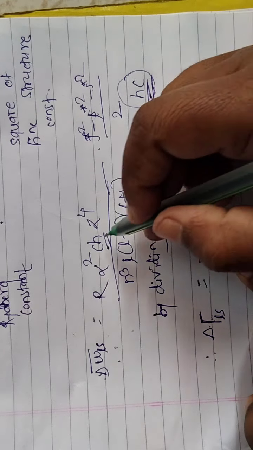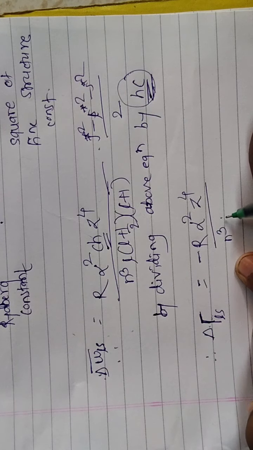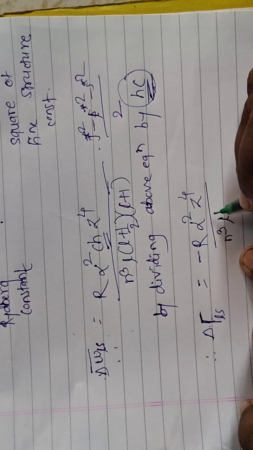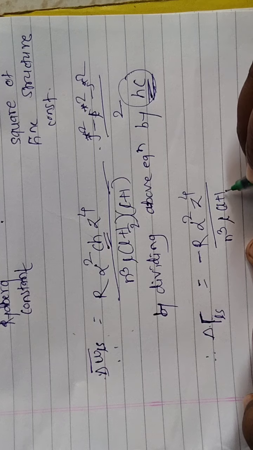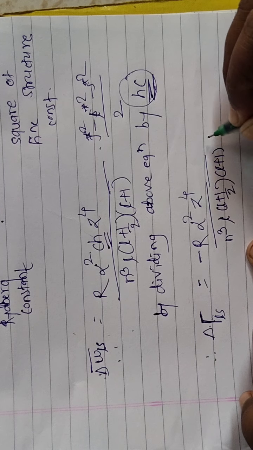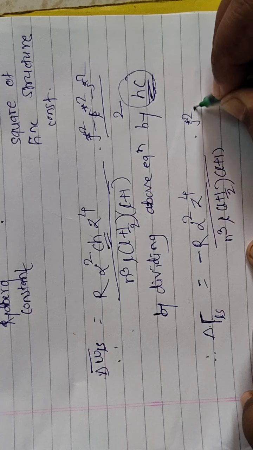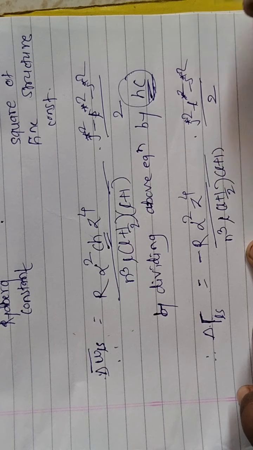By dividing, hc gets cancelled. So the remaining equation here will become like this: J star square minus L star square minus S star square divided by 2.